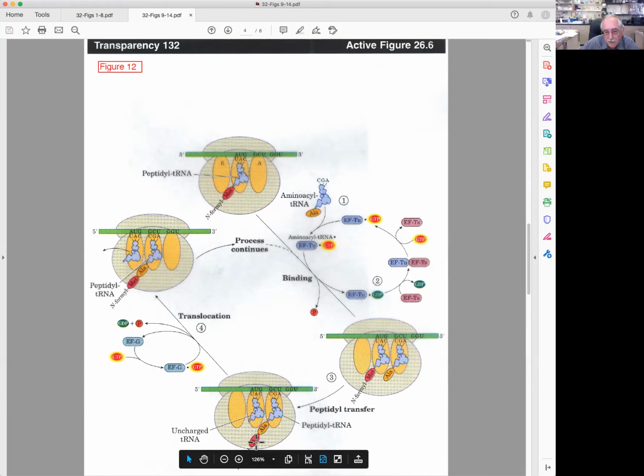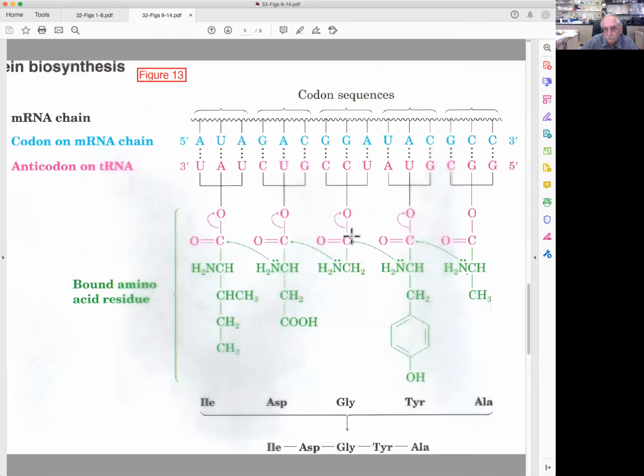And then the next amino acid came in, and the polypeptide that was there on the ribosome got transferred to the new incoming tRNA. So notice you need elongation factors, right? GTP is hydrolyzed. Okay. So that keeps going until you reach the stop codon.